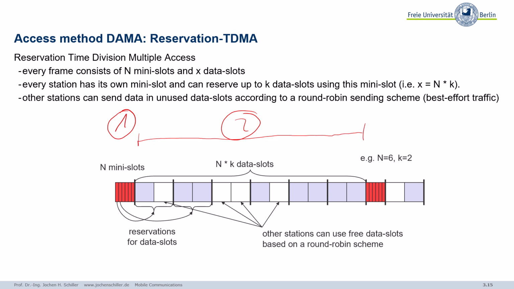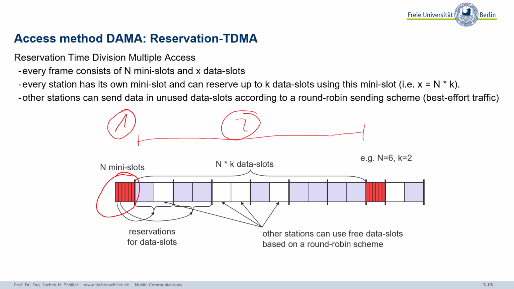And as you can see, the system can be used with different settings of data slots. The length of the data slots might be a different number of bytes, etc. And with this scheme, we can make again reservations by competing for these mini slots.